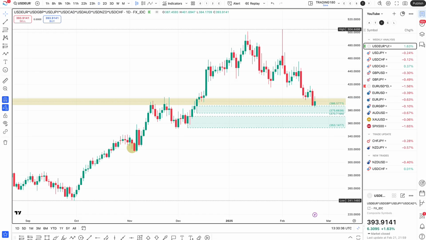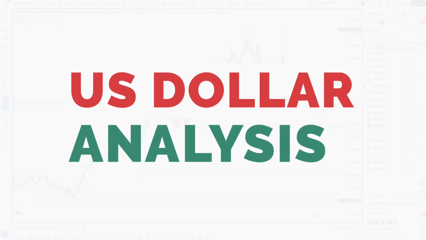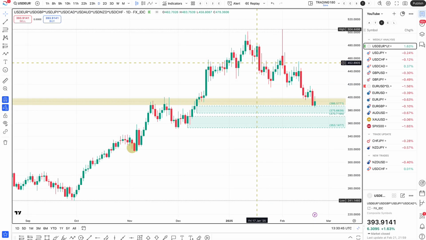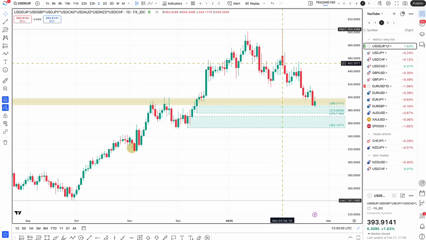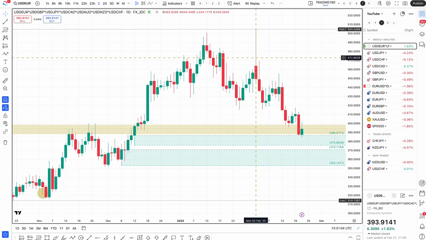So, starting off as we typically do on the dollar index, and this is the equally weighted dollar index. Over the past several weeks, maybe about a month or so, we've had a bit of a decline. Since the beginning of February, when the tariffs were supposed to be implemented, there was a lot of fear, uncertainty, and doubt around what was going to happen, and then Donald Trump gave an extension to Canada and Mexico.